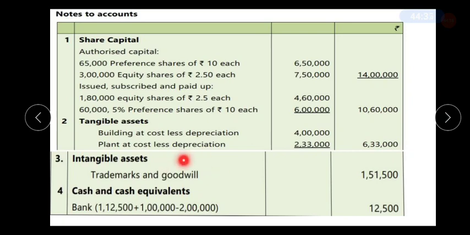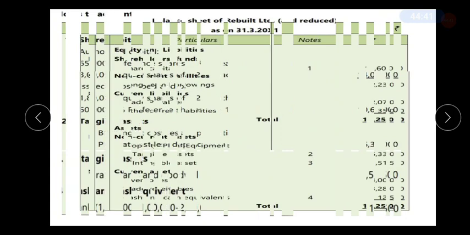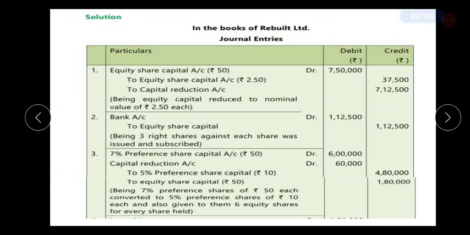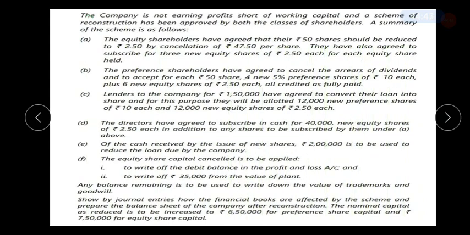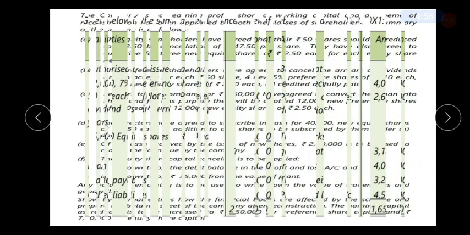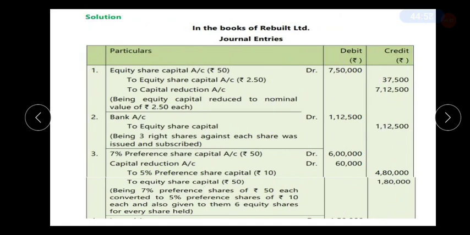And when it comes to intangible assets, we have reduced the value of goodwill. So whatever balance is left in the capital reduction account, we use that balance for reducing the intangible assets, that is trademark and goodwill. It was earlier 3,18,000, and we have reduced it. How much have we reduced?